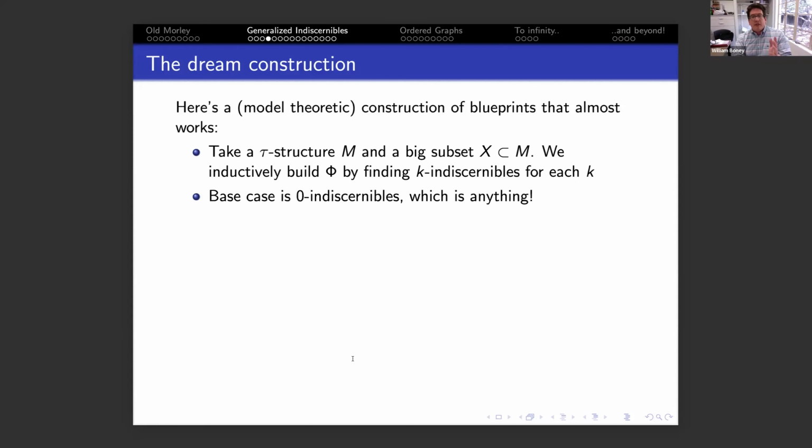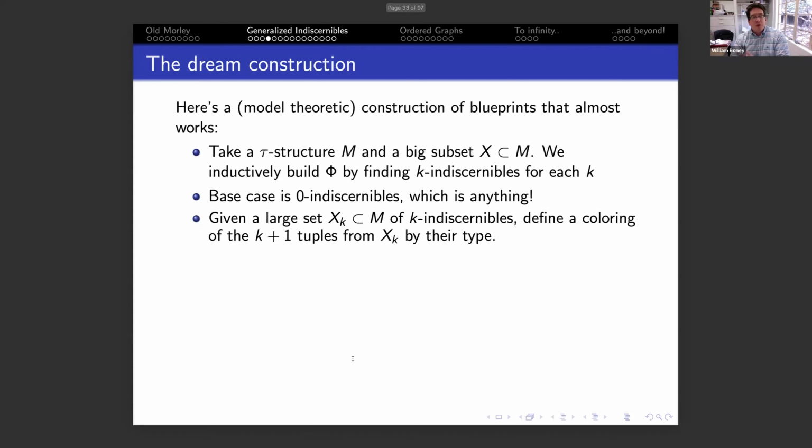So base case k equals 0: 0 indiscernibles are anything, because you're just saying formulas with no parameters, so the order doesn't matter.